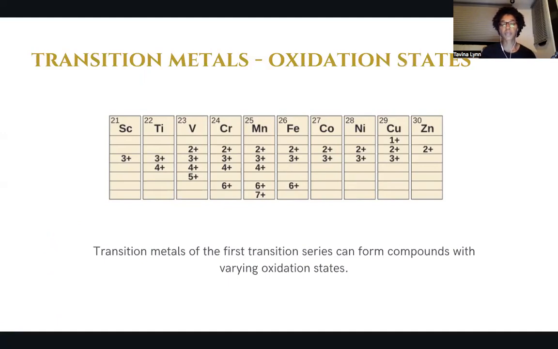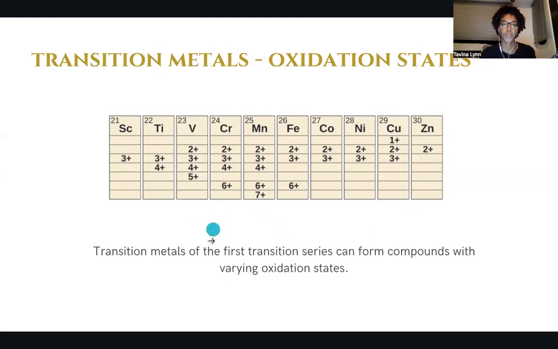So here are some examples of different transition metals and all of the oxidation states that they can adopt. Looking at an element like manganese, it can have up to 5 different oxidation states, right? And under these different oxidation states, it'll have different stabilities, different spectroscopic properties, different magnetic properties.